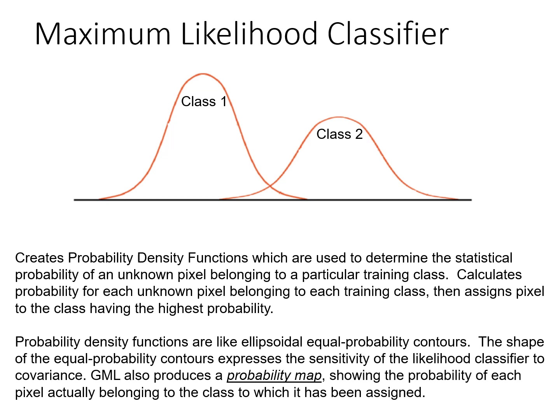You can imagine that you have a pixel with a spectral value anywhere along that horizontal line where you have class 1 and class 2. If that point is under the peak for class 1, then it's highly likely that it belongs to class 1. If it's in the portion of that curve that doesn't overlap with class 2, it's also highly probable that it belongs to class 1.